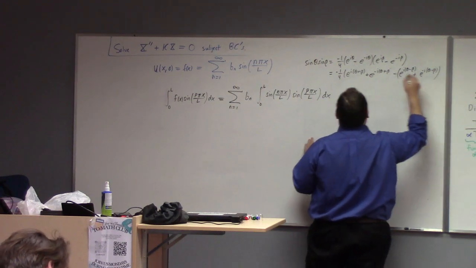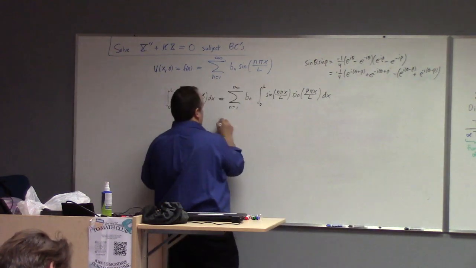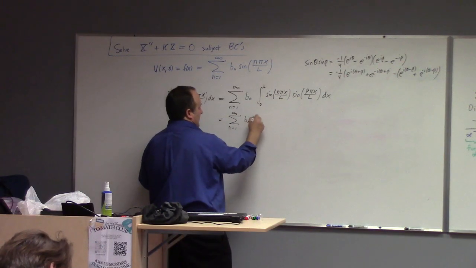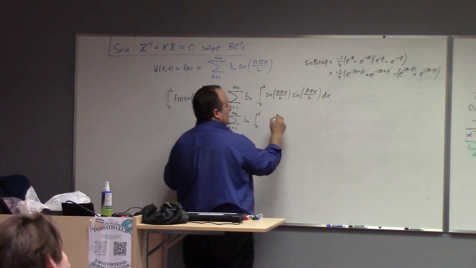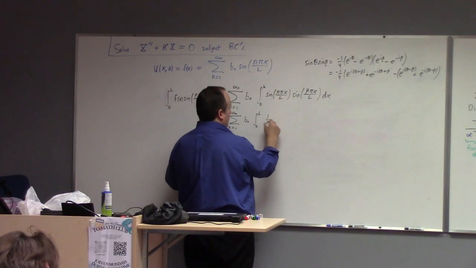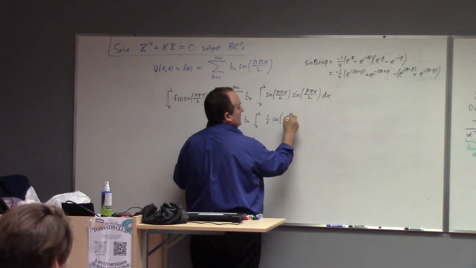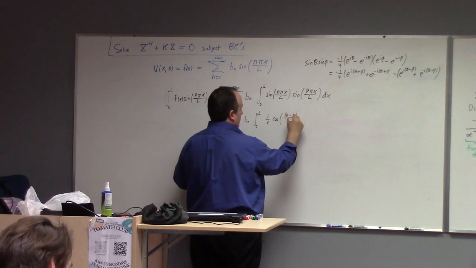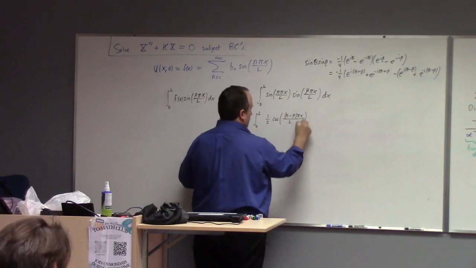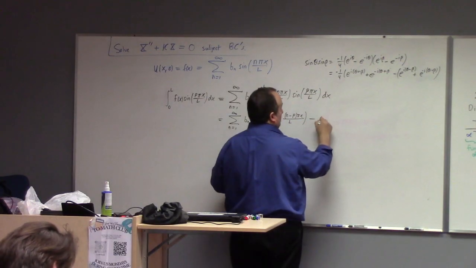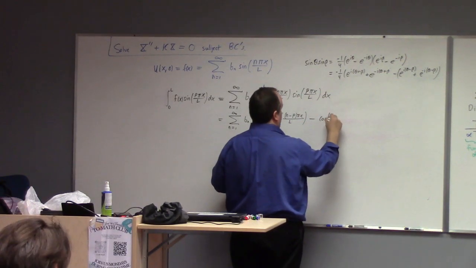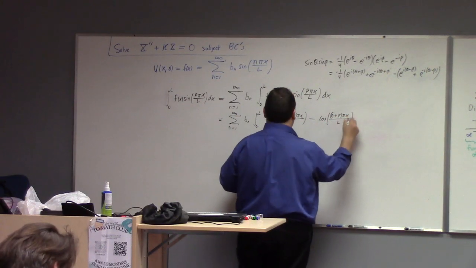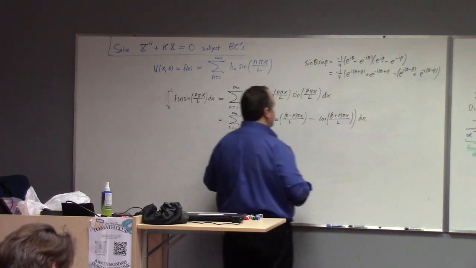So if I haven't made some silly mistake, this is the sum n equals 1 to infinity of b sub n integral from 0 to L of 1/2 cosine of (n minus p) pi x over L minus the cosine of (n plus p) pi x over L dx.